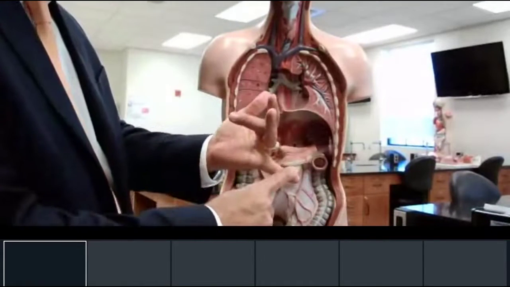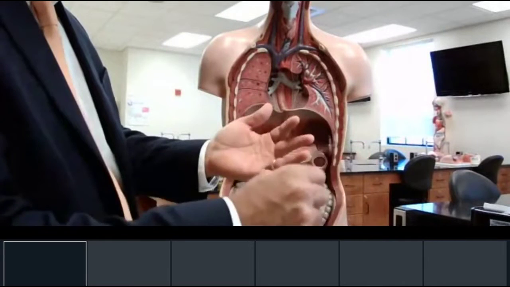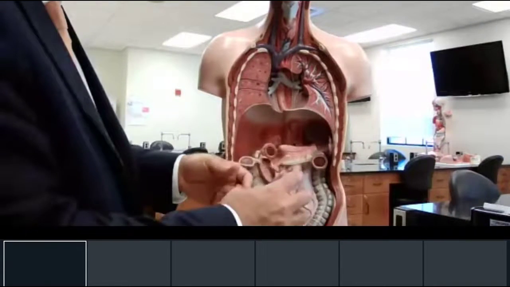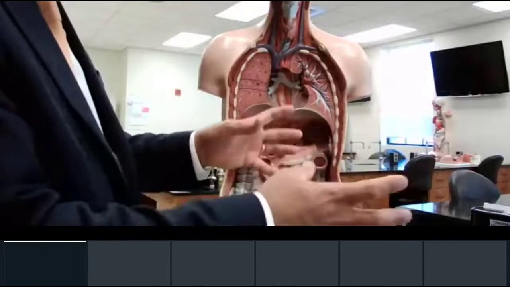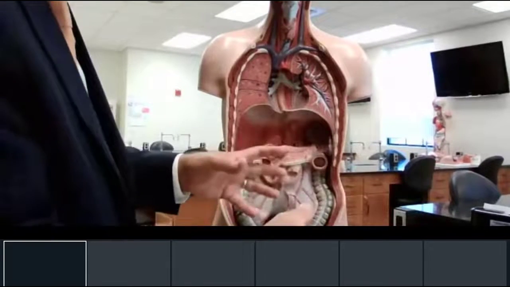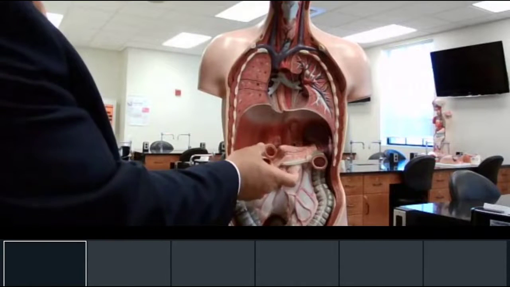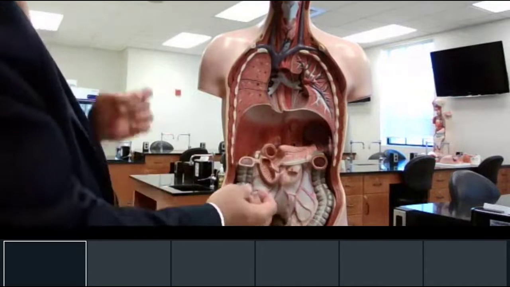So we have the duodenum, then the jejunum, and then the ileum. The small intestine is about 19.5 or 20 feet, but the duodenum, being the smallest, is 25 centimeters.